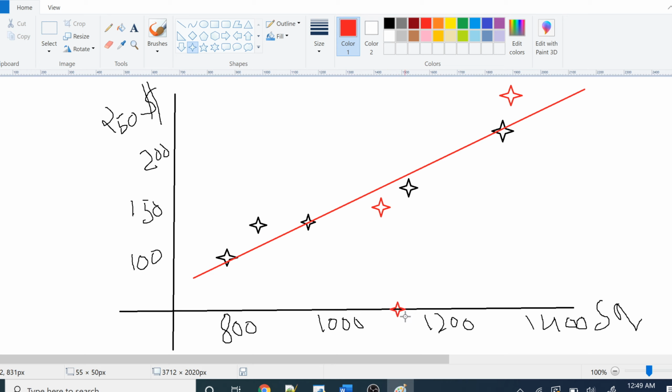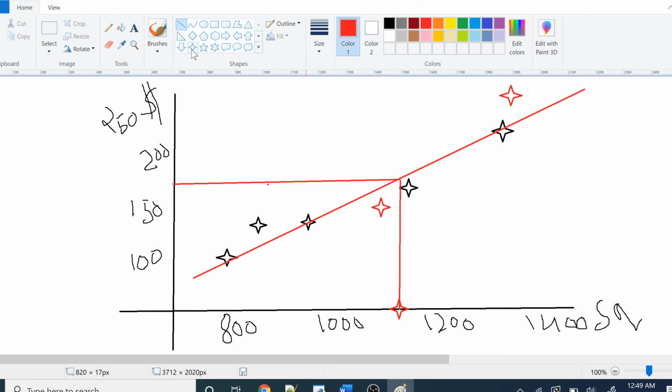When someone asks what is the price of the house for this particular observation, I can give a prediction straightaway by projecting this value on top of this line, and say your price of the house can be 155k.